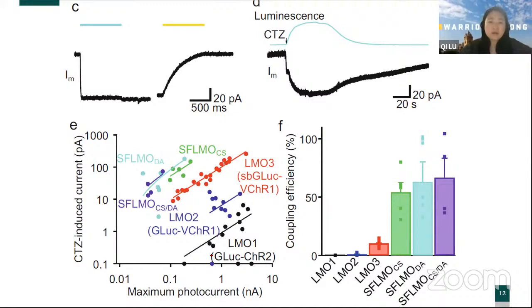Here they also compared the different devices for the induced current and maximum photocurrent. This MO3 can provide this, and we see a CTZ-induced current, and this SF family can produce quite a high photocurrent. The coupling efficiency is also much better than the first generation of LMO.